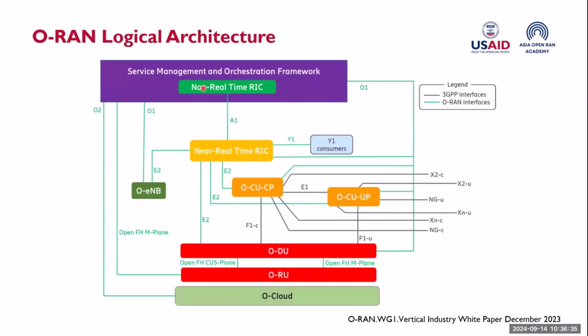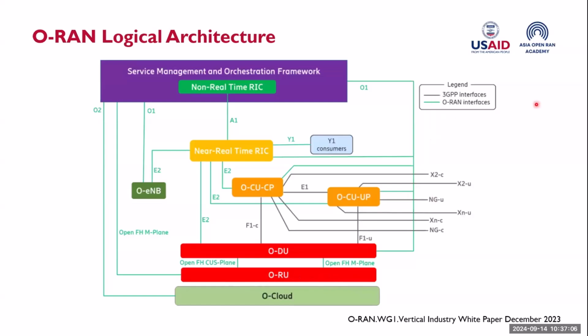Now the SMO is connected to different parts of the network. For example, we call the interface of non-real-time RIC to near-real-time RIC as A1. O1 for the O-eNodeB if you are connecting an LTE node to the SMO, and O2 going to the O-Cloud. Okay, so we also have the open fronthaul M-plane for the O-RU.